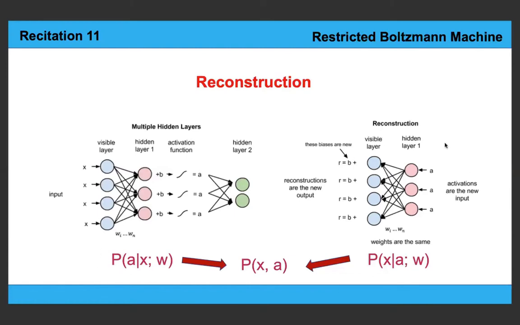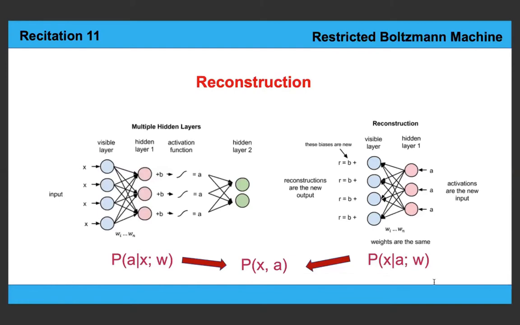And in the reconstruction form, we are doing things in a reverse way. When we are given w and a, we want to estimate the distribution of x. So it's kind of an estimate of what the original pixel image would be.